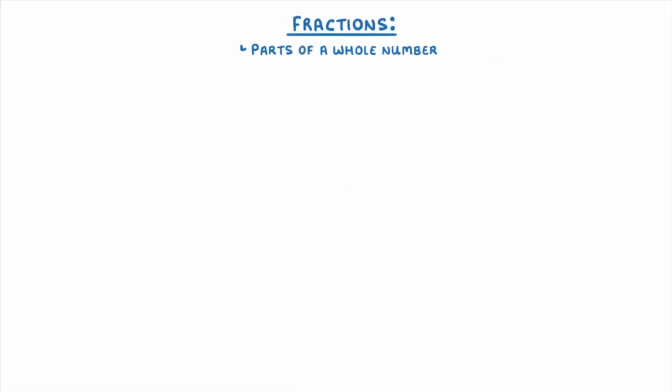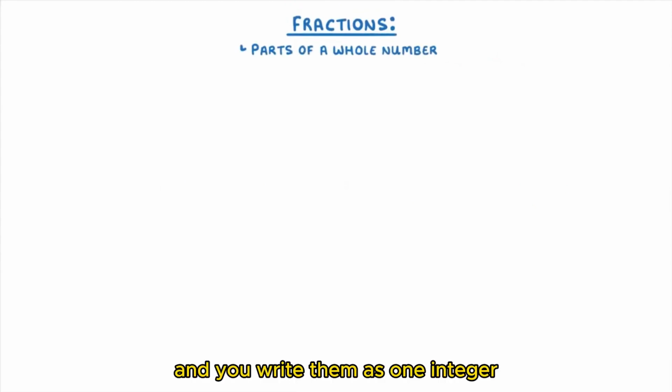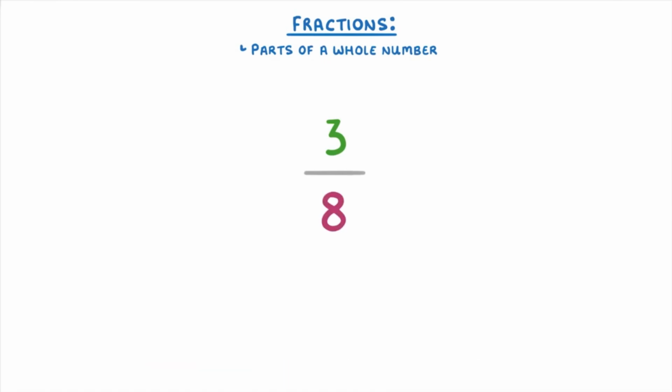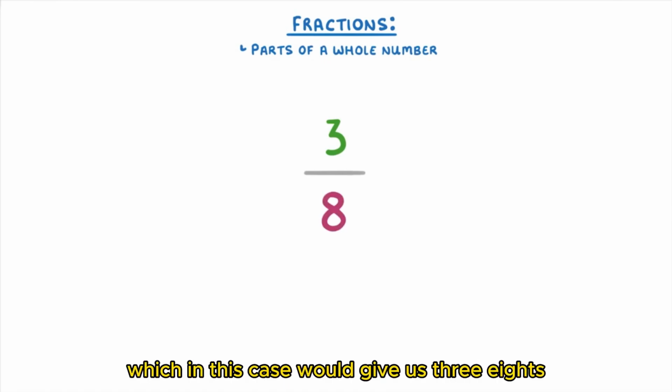In contrast to this, fractions are only parts of a whole number, and we write them as one integer, like 3, over or divided by another integer, for example 8, which in this case would give us 3/8.